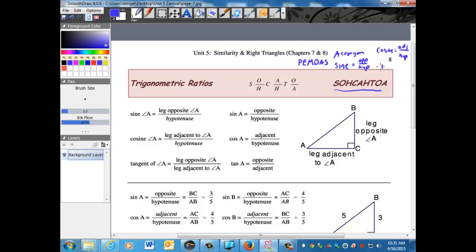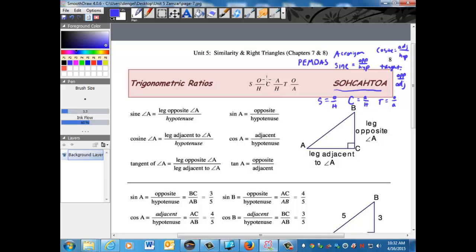And then tangent, T, is going to equal opposite side over adjacent. And so the reason why we have this is that it helps us remember: sine equals opposite over hypotenuse, cosine equals adjacent, A, over hypotenuse, and then tangent equals opposite over adjacent side.